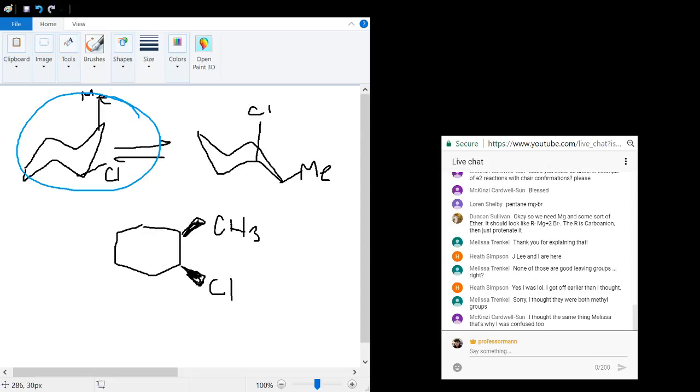But if we look at the one on the left, that chlorine is not in the axial position, which is required for it to have an anti-periplanar hydrogen, right? So that means this one can't undergo any chemistry at all. Well, it could undergo nucleophilic substitution chemistry, but it couldn't undergo the type of elimination chemistry you're asking me about.